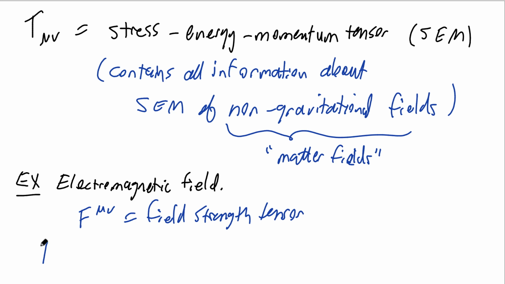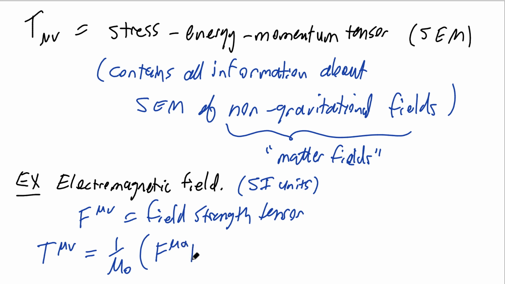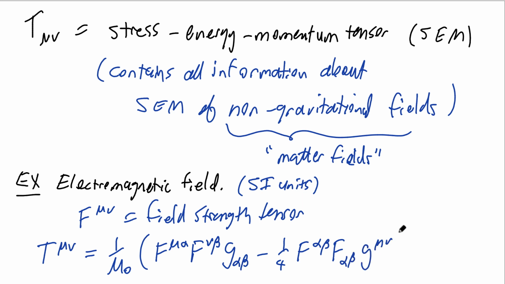And then the stress energy momentum tensor is defined as follows. This is in SI units. It's 1 over mu naught, that's the permeability of free space, times F mu alpha, F nu beta, g alpha beta, minus 1/4 F alpha beta, F alpha beta, g mu nu.